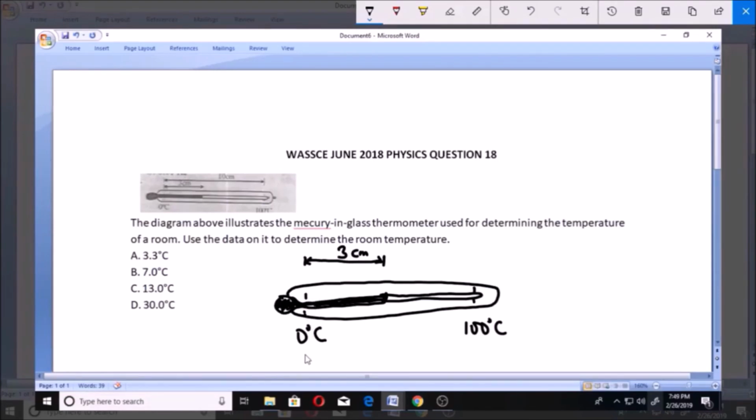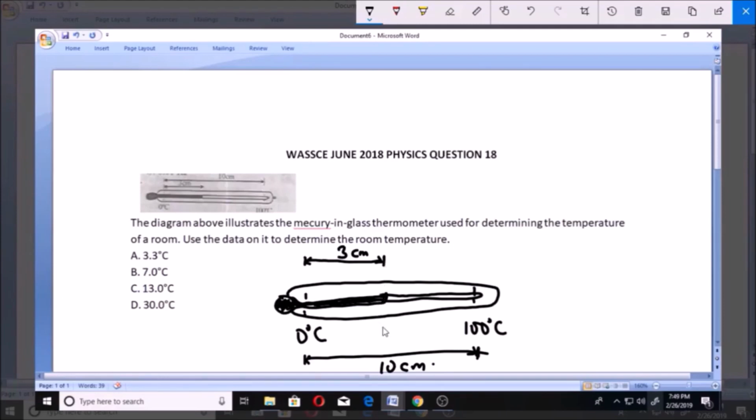Whereas from this point of 0 to the 100 degrees Celsius side, we have 10 cm. So it's telling us that the total length of this mercury tube inside is actually 10 cm, but the level of the mercury here is 3.